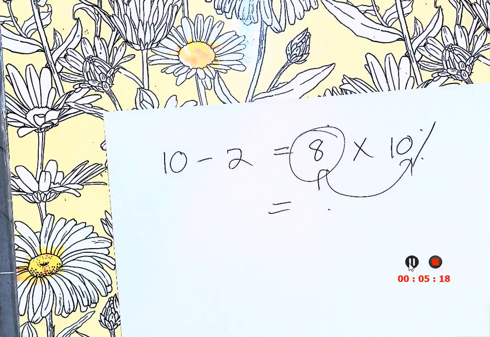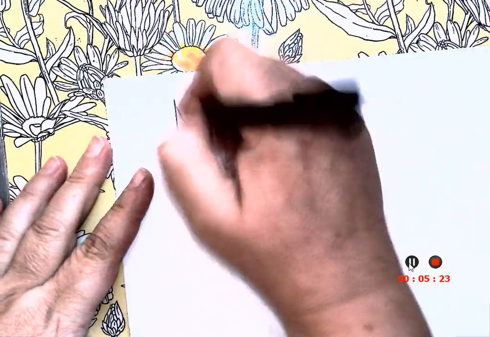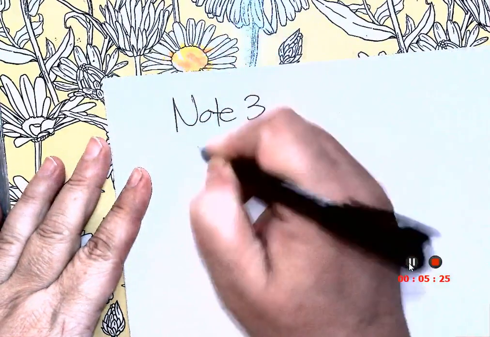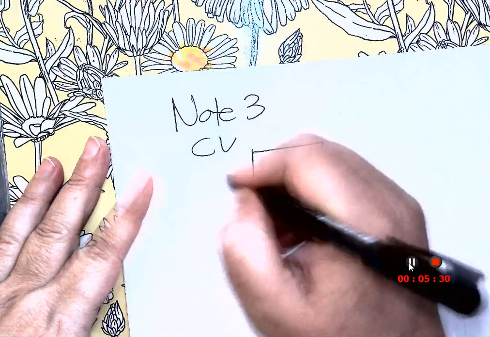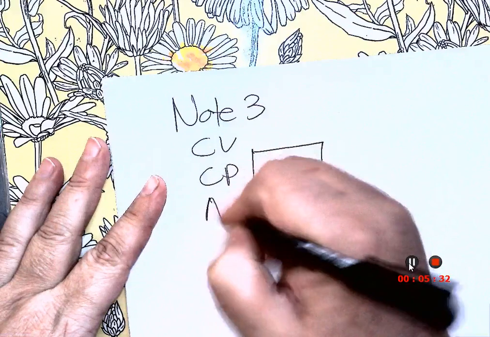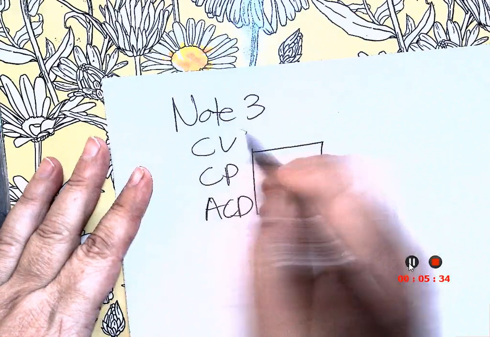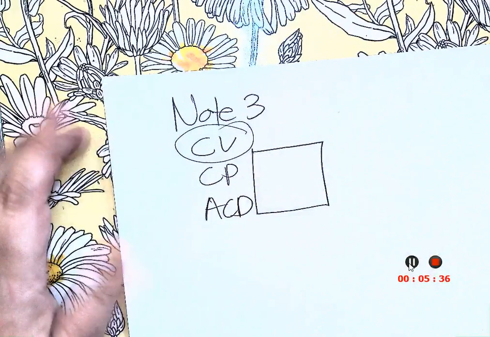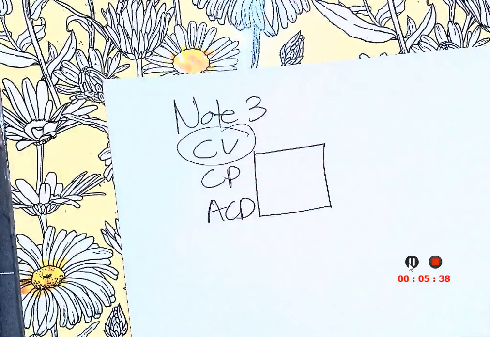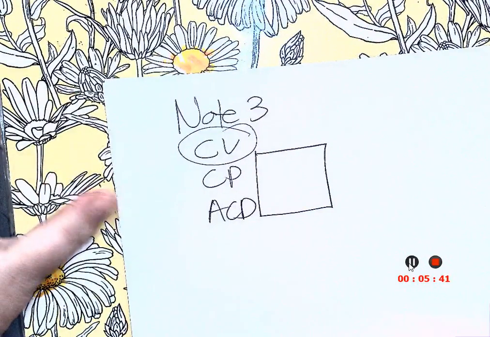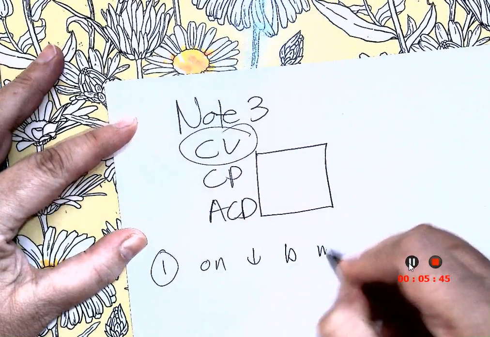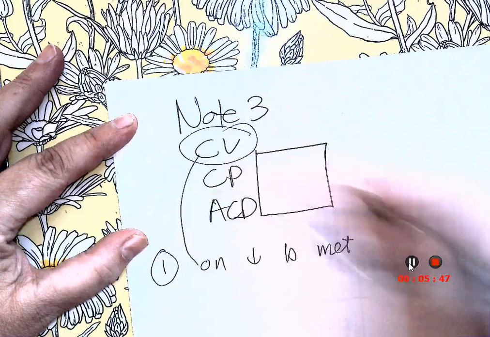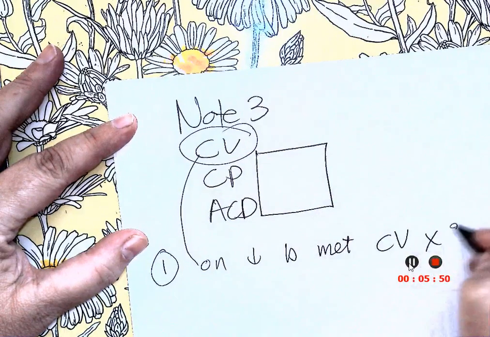But so basically, if I look at my note 3, now I've got the carry value, I've got the cost price and the accumulated. When will I use that carry value? I will use that carry value when they tell me, number 1, if it's on the diminishing balance method, then I will use that carry value times the percentage.